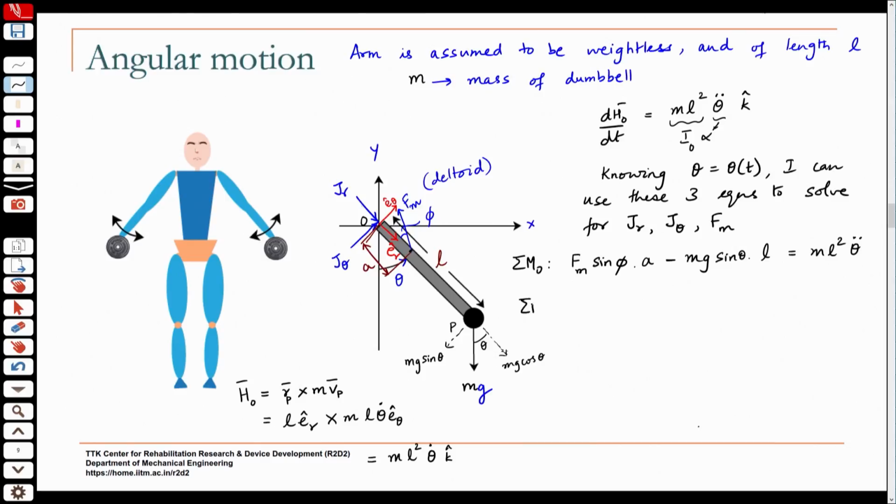Using the summation of forces in the radial direction, I have j r plus m g cos theta minus f m cos phi is equal to m a r, which is minus m l theta dot square.